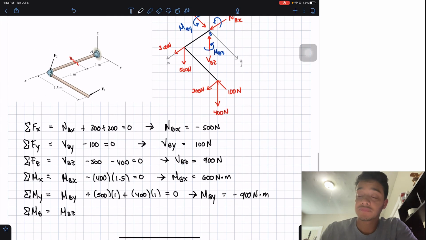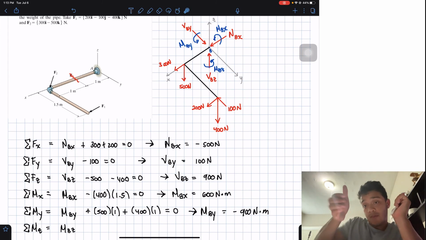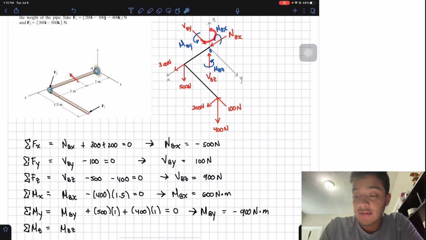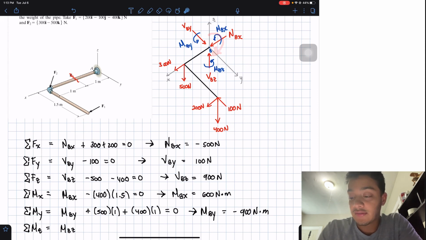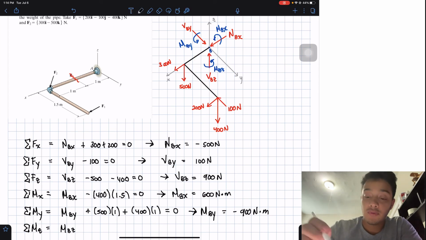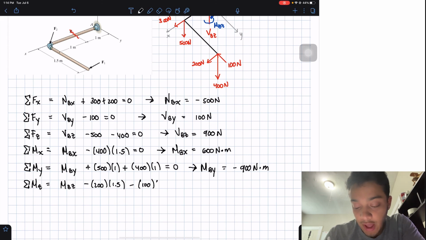So what will we have? If we place our right thumb going up like this and follow with our fingers, we will realize that we want to rotate like this for a positive. This 200 is going to rotate me like that, therefore it's going to be negative. And then this 100 will also try to rotate me in this direction, so it's also negative. So both of them are negative, so I'm going to have negative 200 multiplied by 1.5 and negative 100 multiplied by 1.